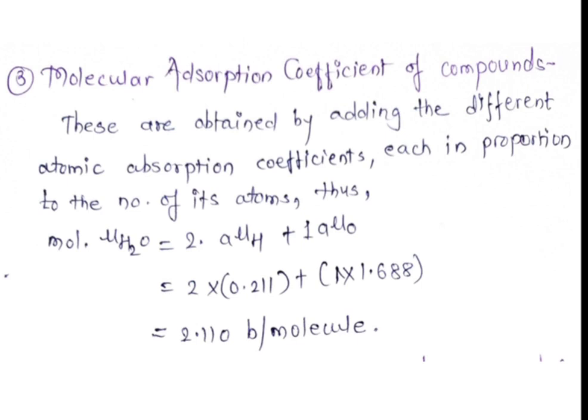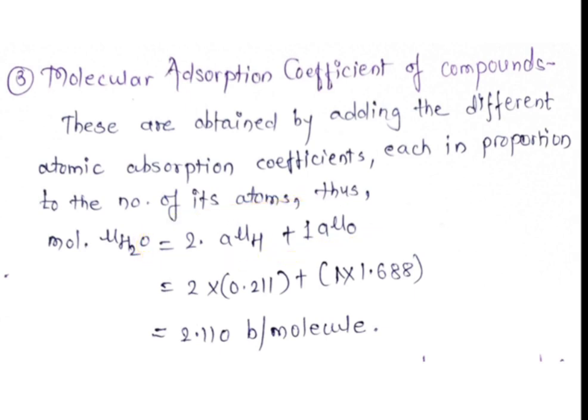So the molecular absorption coefficient of the water, mu H2O, is equal to, as we know in water there are 2 hydrogens and 1 oxygen. So just multiply the atomic absorption coefficient of the hydrogen by 2 and the atomic absorption coefficient of the oxygen by 1, and add these two terms.